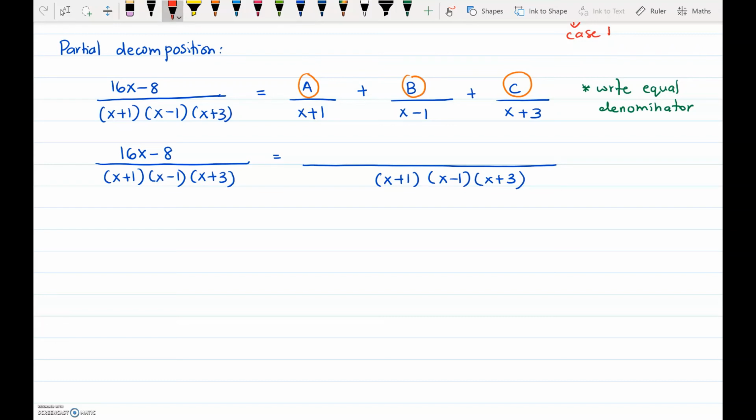To make the first term have the equal denominator, you have to multiply by (x - 1) and (x + 3), as well as your numerator. For the second term, you need to multiply by (x + 1)(x + 3), as well as your numerator. And the last term, you have to multiply by (x + 1)(x - 1).